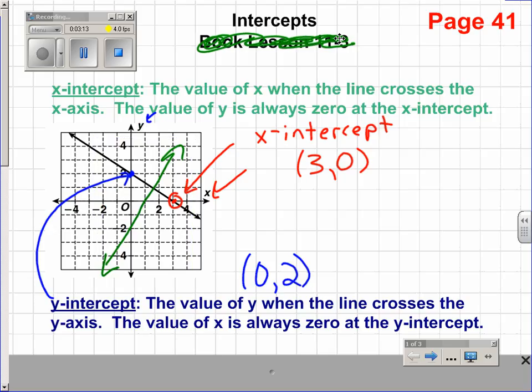So this one falls on -2 for the y-intercept. So it would be 0, -2. 0 for x, -2 for y. And for the x-intercept, it falls on 1 for x and 0 for y. So that's how, like, this is the x-intercept because it intercepts the x-axis, and this is the y-intercept because it intercepts the y-axis.